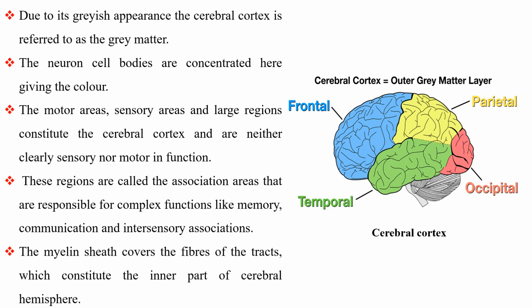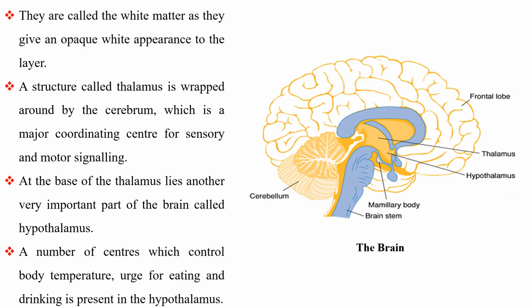These regions are called the association areas that are responsible for complex functions like memory, communication, and intersensory associations. The myelin sheath covers the fibers of the tracts which constitute the inner part of cerebral hemisphere. They are called the white matter as they give an opaque white appearance to the layer.